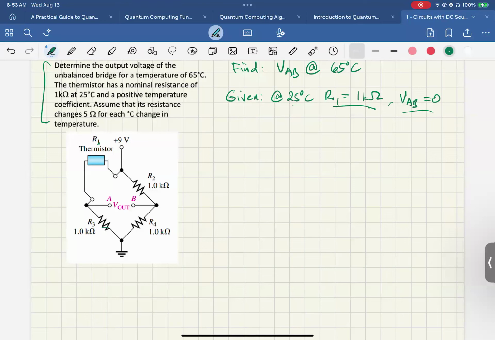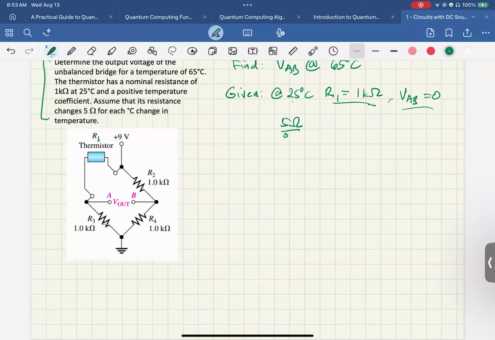The coefficient is 5 ohms per degree Celsius change, and this is positive. In other words, this is our increase per degree Celsius.